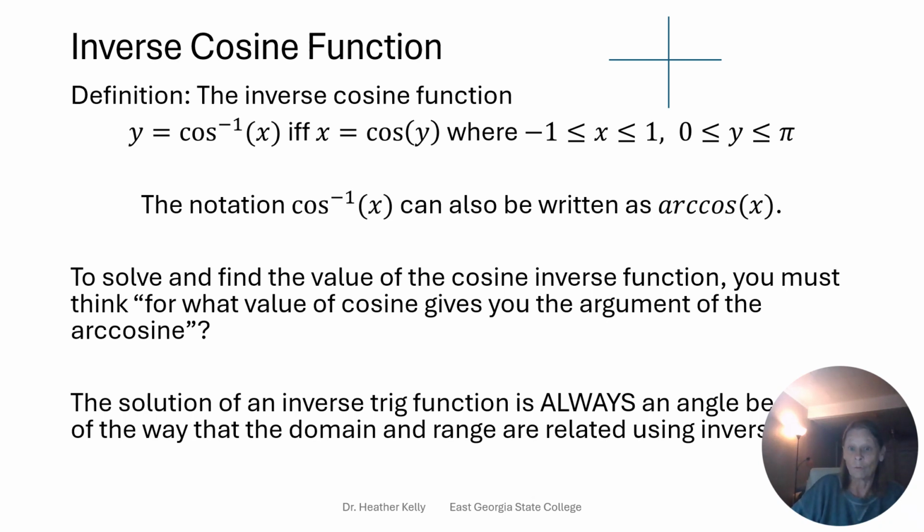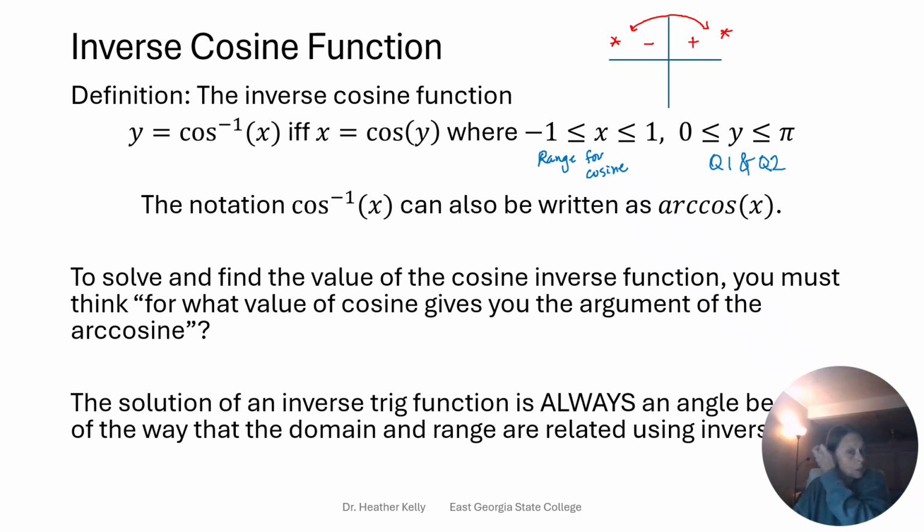Again, this is the range for cosine, and the y here is going to be quadrants 1 and quadrants 2. Okay, so for the cosine, we only care about these two quadrants. And here, the cosine is positive and the cosine is negative. So quadrants 1 and quadrants 2.